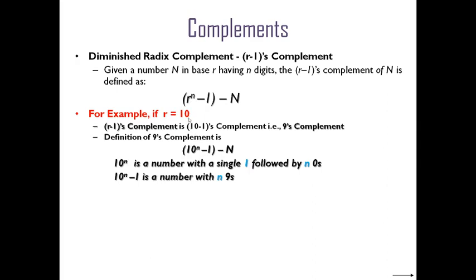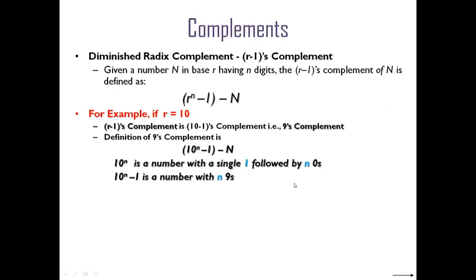In place of R, you substitute R equal to 10, and the 9's complement will be 10 power n minus 1 minus N. Whereas 10 power n represents 1 after n zeros, and similarly 10 power n minus 1 represents n nines.